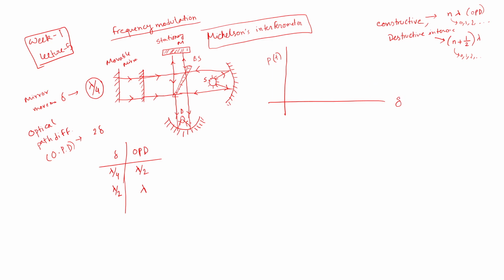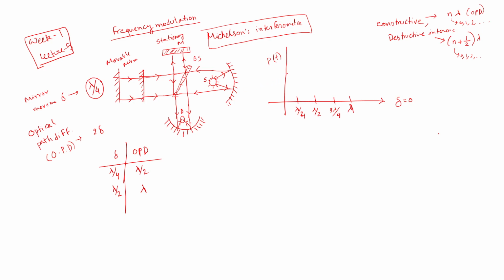actually 0, then it will fall over each other. But at this gap, suppose this is delta, when delta is lambda by 4, lambda by 2, 3 lambda by 4, lambda.